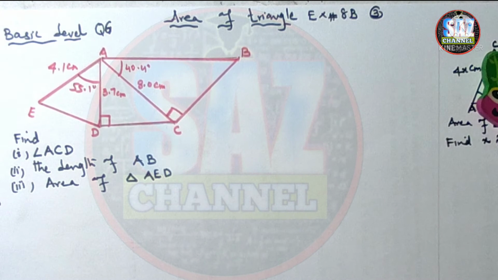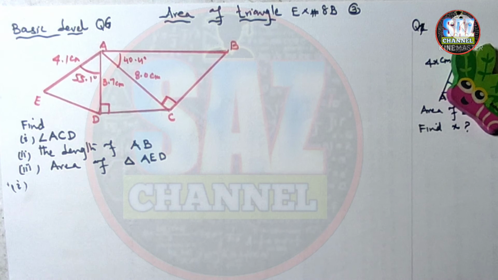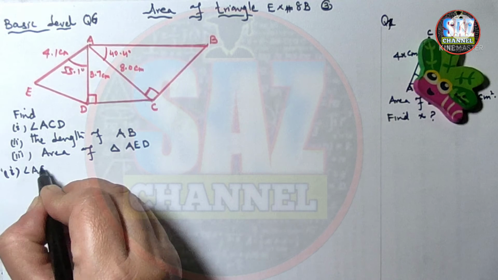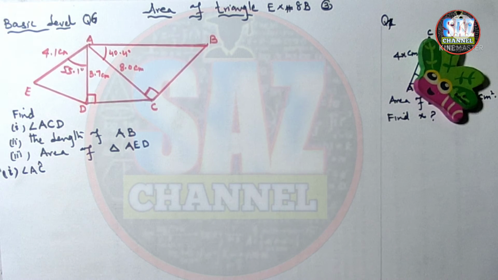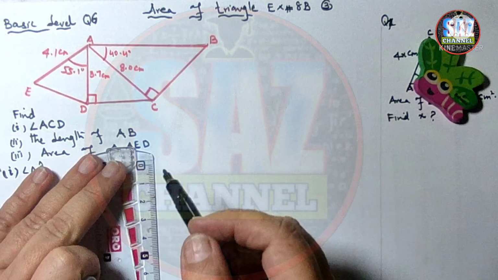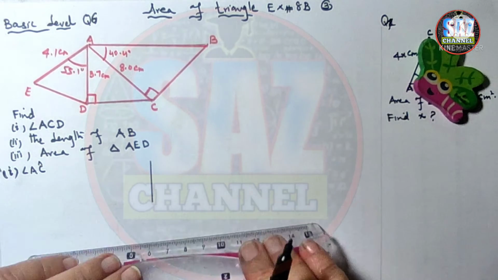So first of all, it's better to draw that part of the diagram which is the requirement of the question. For the first part, that is angle ACD, I have to take the triangle ACD. So let me draw the small triangle here so that my students can understand this part easily.